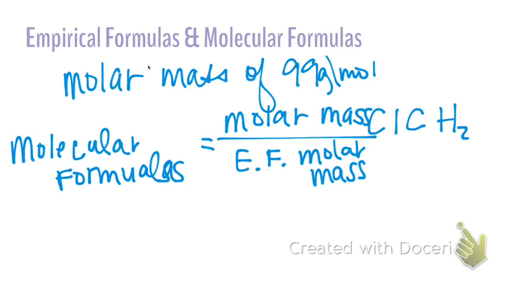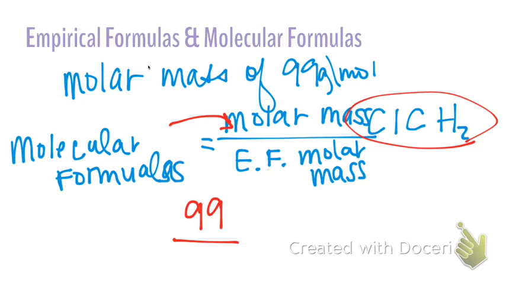So in this case, the molar mass that was given to us was 99. So that's the molar mass that goes here. So 99 divided by the empirical formula molar mass. So 35.5 plus 12 plus 2. 49.5, sorry.